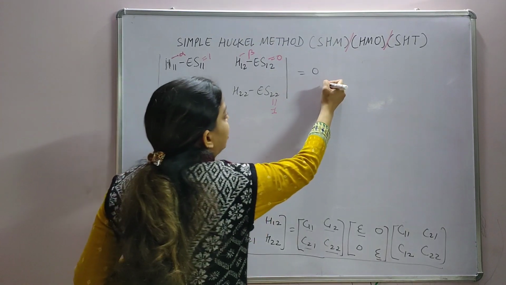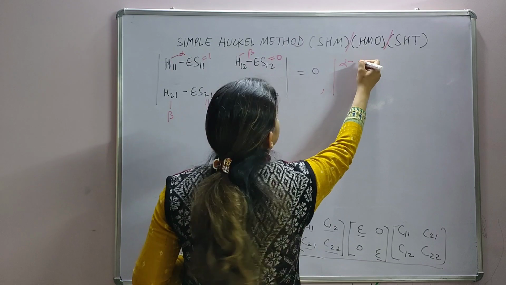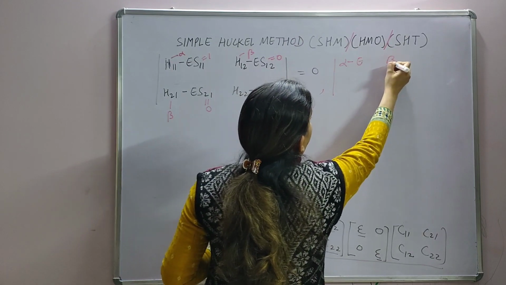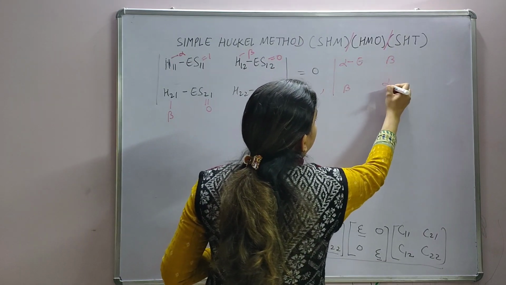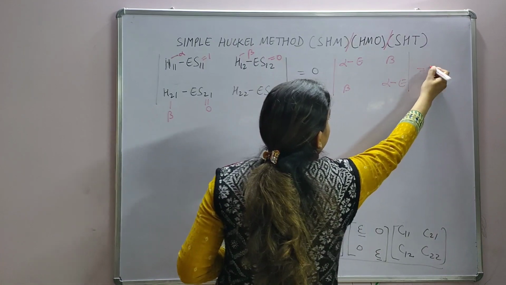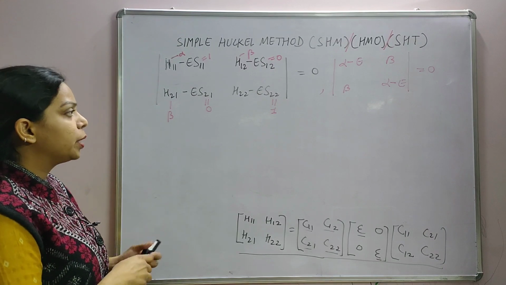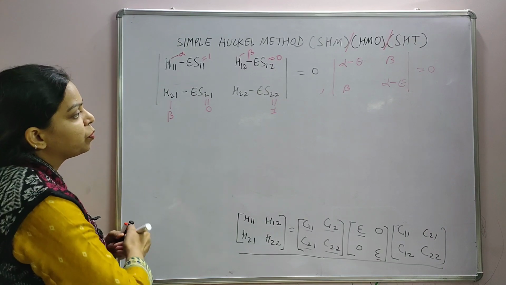So this equation reduces to the determinant alpha minus E, beta, beta, alpha minus E equal to 0. This is the simplified one. On the basis of this equation, we will find out the value of E.